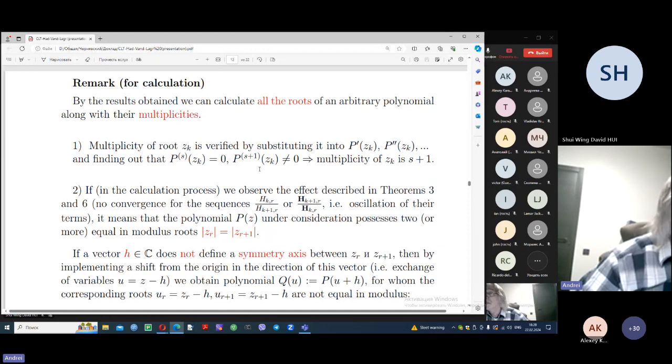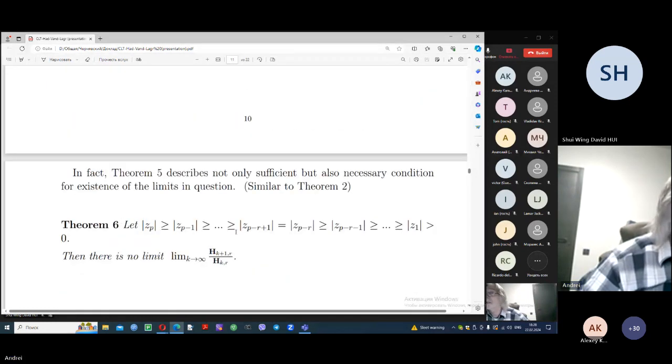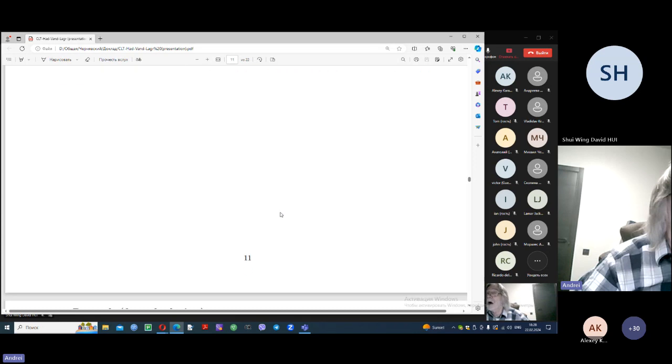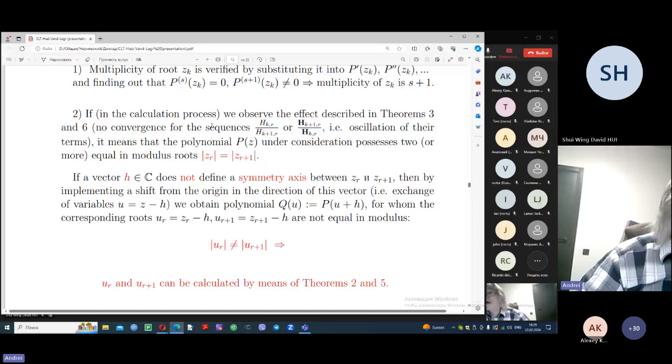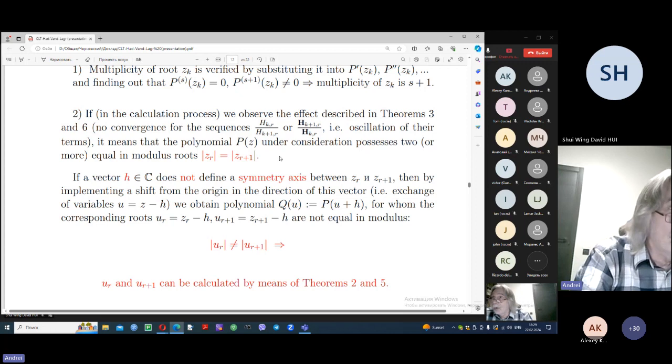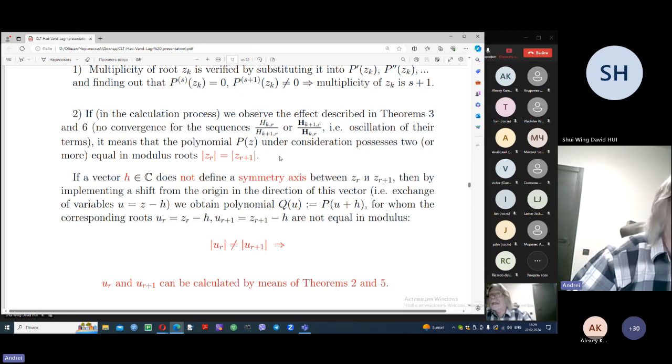But in fact, we have something more. This result, that there is no limit, is very useful, mainly for calculating these roots. How? Once we see that there is no limit for this ratio, there will always be an oscillation effect.